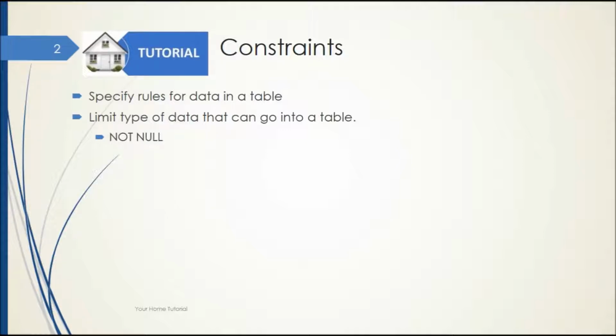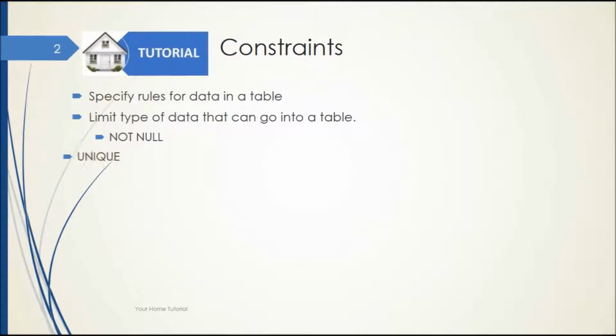So if we don't have any value in a column, we say we have a null value in it. Supposedly we don't want a null value in some of my columns, so I can use the not null constraint. Maybe employee name can be one of the fields where we don't want any null values, because we want to have a value in an employee name, so we can put a not null constraint in that field.